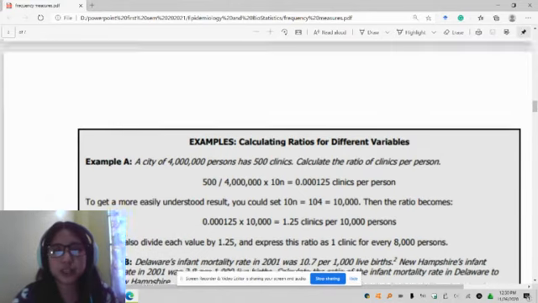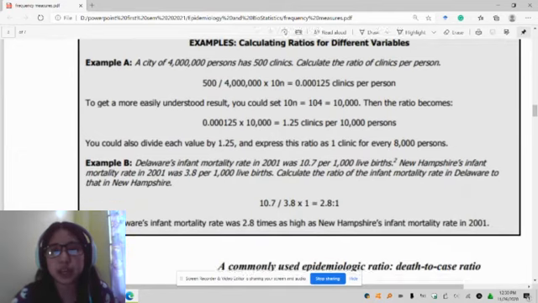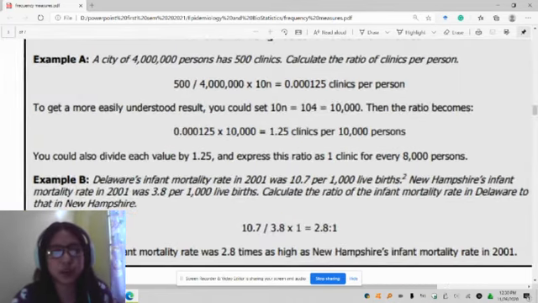As I mentioned in the properties, we can also use ratio on different variables, such as the number of persons in a city and the number of clinics. If you want to get a picture of how many can be catered to by the clinics, or whether all the persons in a city can be catered to, then you can also make a projection of this.